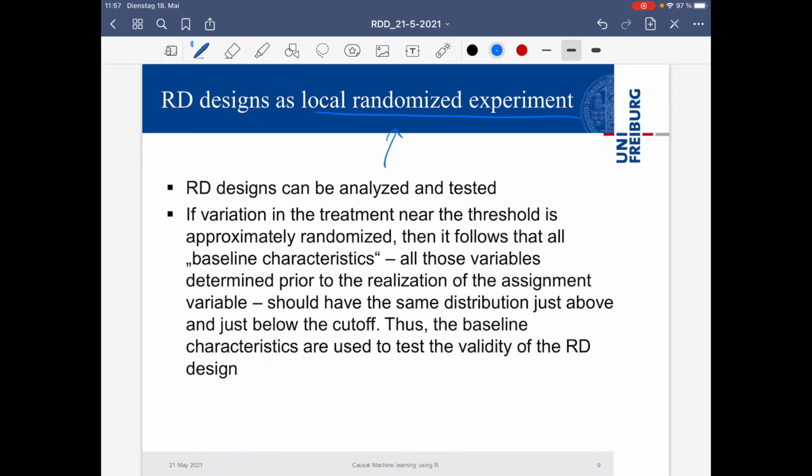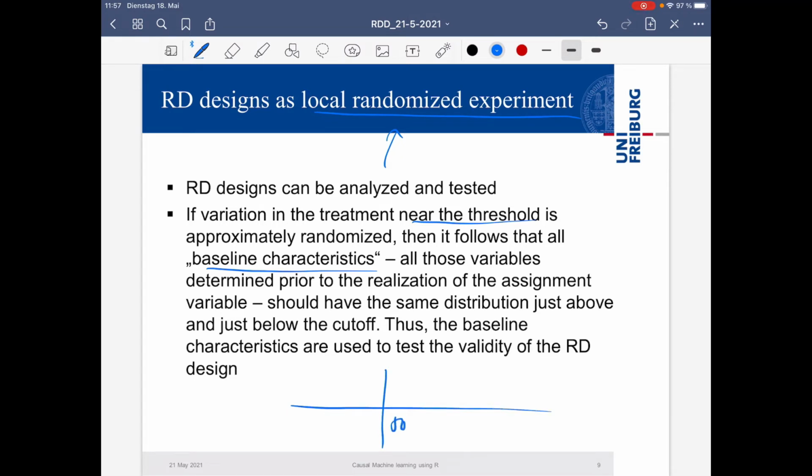So if you're pretty close to the threshold, the cutoff point, then those who are assigned to the treatment group and those who are assigned to the control group should not be very different with respect to the baseline characteristics, and that's what you can check. Are these groups comparable?